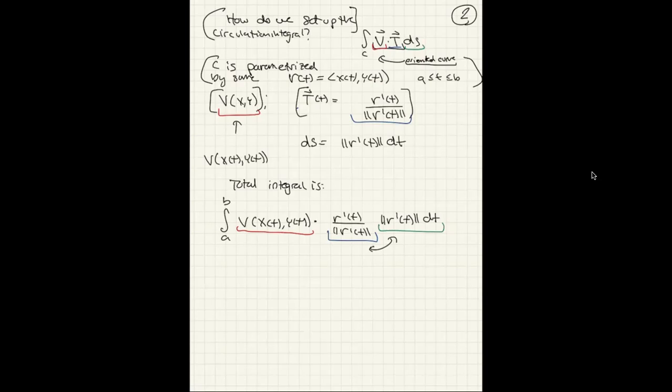You don't have to do that awful square root because of cancellation. Well, I'm not going to erase those. You'll get the integral from a to b of your vector field evaluated at your location, dotted with your derivative vector.